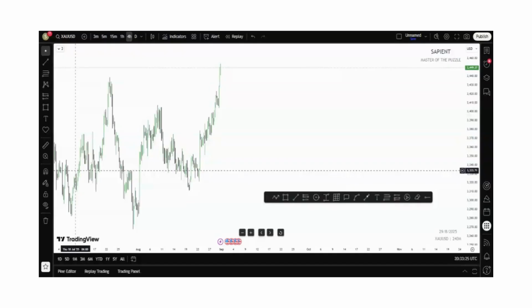Over the years, we have studied patterns of the chart. We have studied patterns of the economy. We have studied patterns of the financial world, and we see that over time the same patterns reoccur.